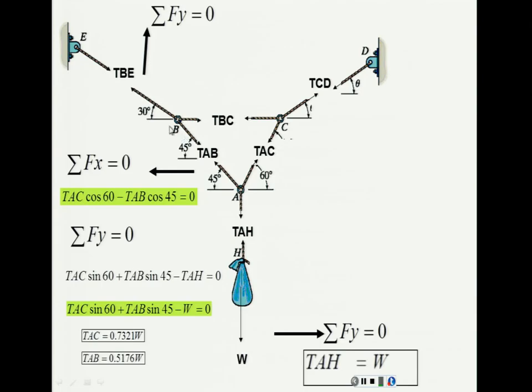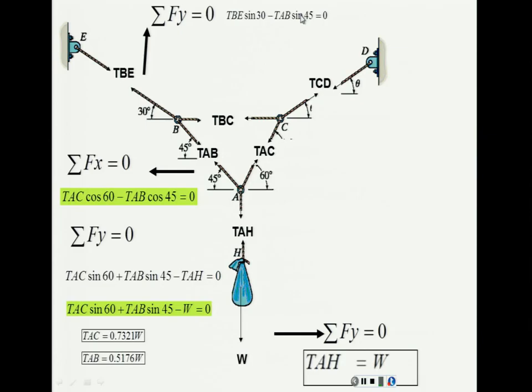What we have here then is TBE sine 30. Why sine? Because it's the opposite to the angle, sine 30, minus the y component of TAB. The y component is this one here. And if this angle is 45, this component is going to be negative because it's pointing down, and it's going to be TAB sine 45.